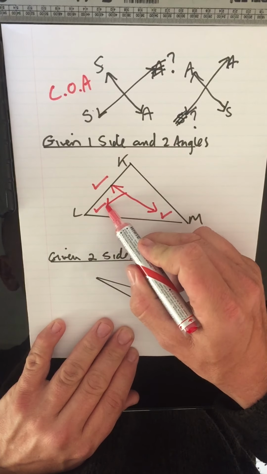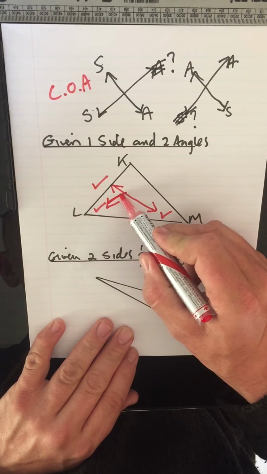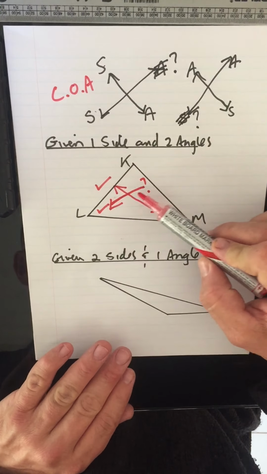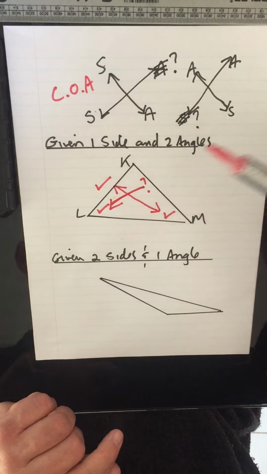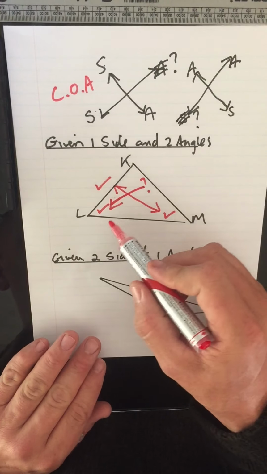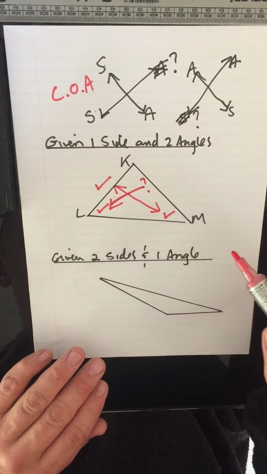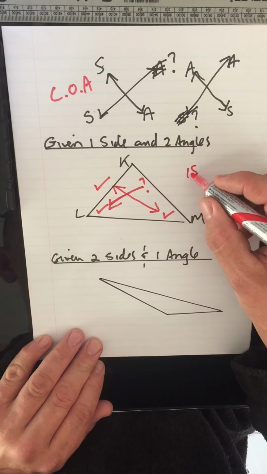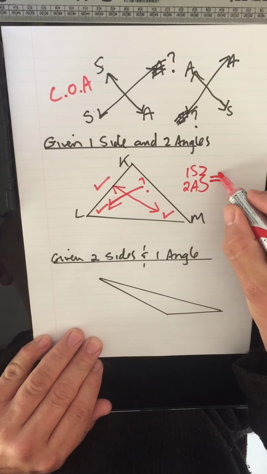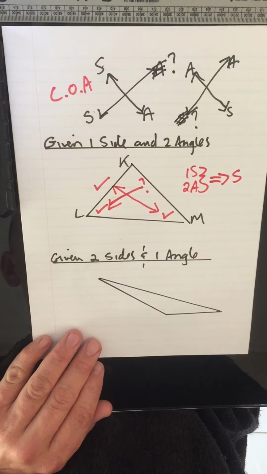There I put an arrowhead because it's known, and notice the side opposite the angle is unknown. There we have our coat of arms, and that is the sine rule, and I'll illustrate that with examples. So here we have our side angle pairings. We have one side and two angles, and we are looking for the unknown side.